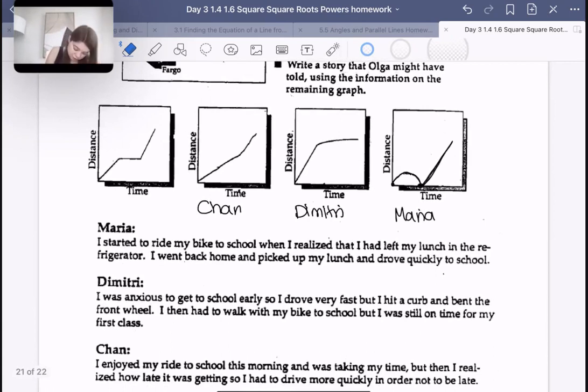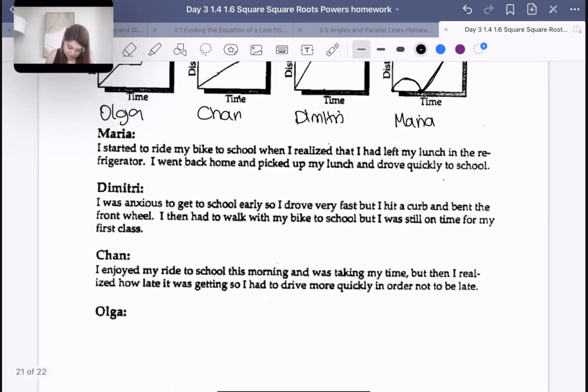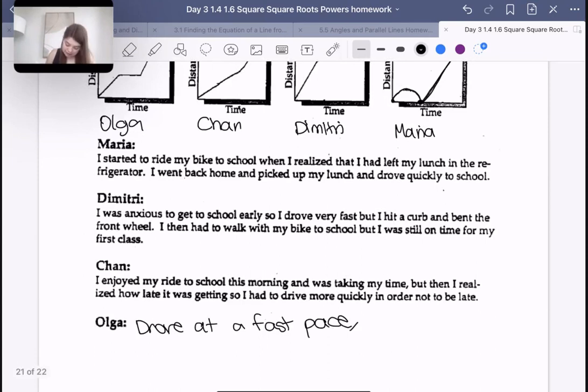So this one would be Olga. And I guess we already did that before, but basically, Olga, she drove to school at a fast pace for the first part of the graph. Then she stopped to take a rest.